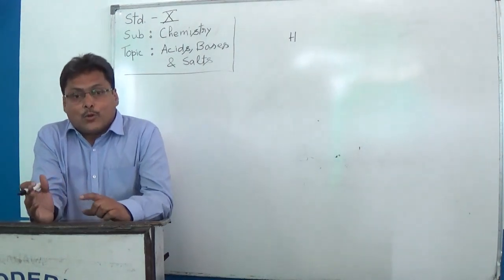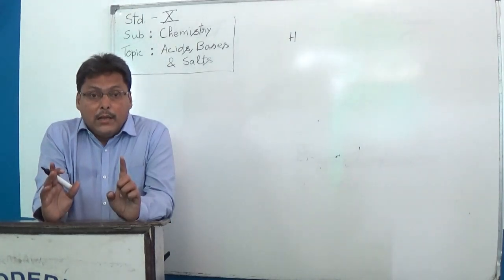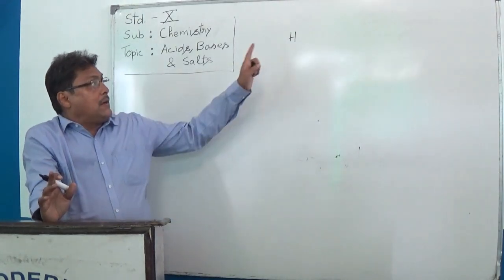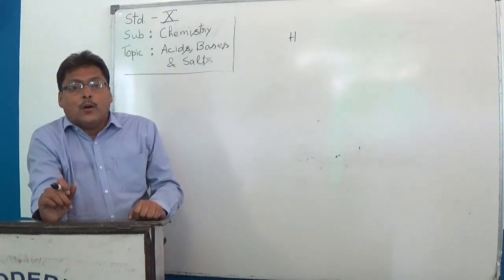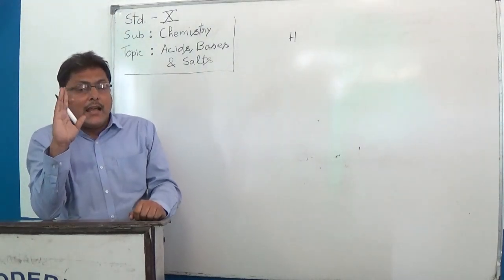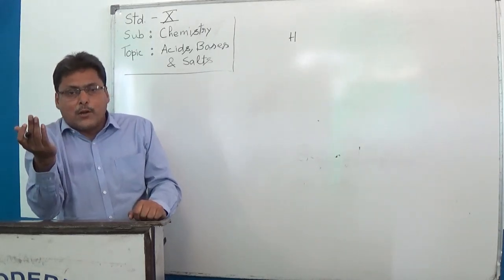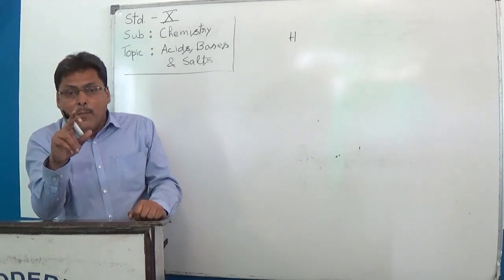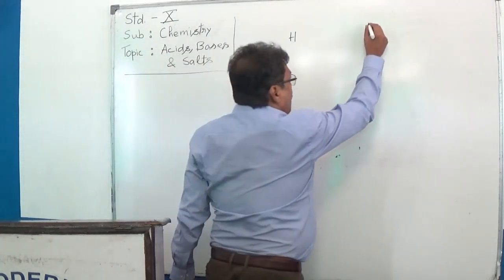So the moment I say H plus ion, we are talking of 3 naturally occurring isotopes of hydrogen. There are actually 7 isotopes of hydrogen, but the rest 4 are man-made, H4 to H7. What we are talking about is protium.